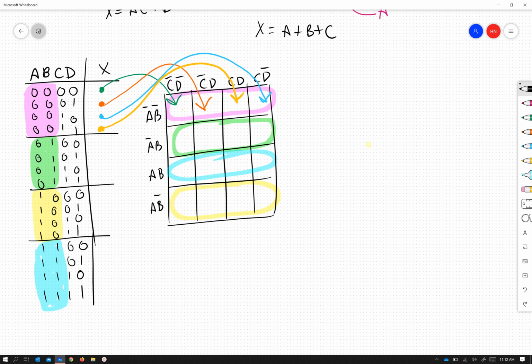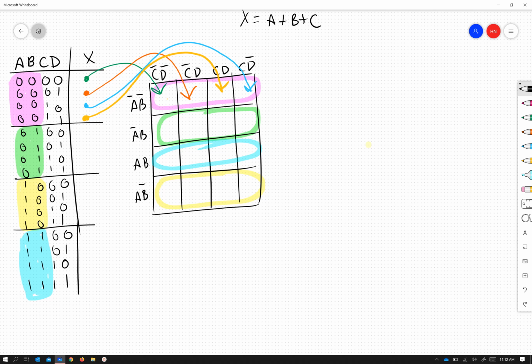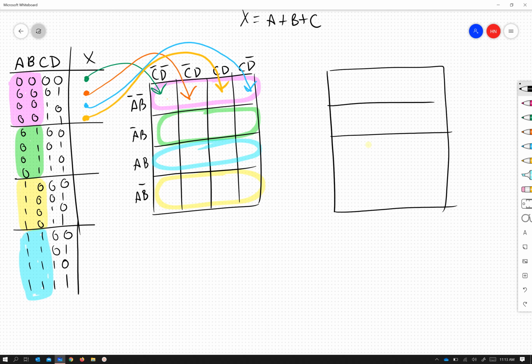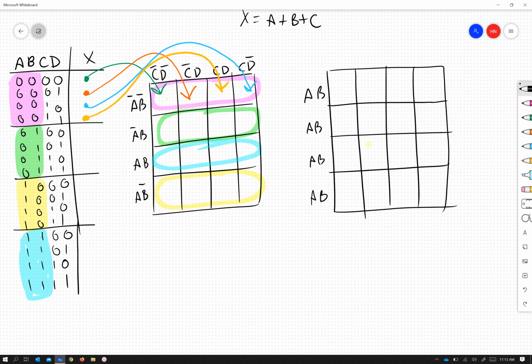We'll have plenty of practice filling them in, but now I want to show you how you would group them if you had a K-map filled in. So let's pretend that we went through the process and filled it in and put it in the right place. Let's say we had this K-map, AB, the first three and the last, CD, the first three and the last.